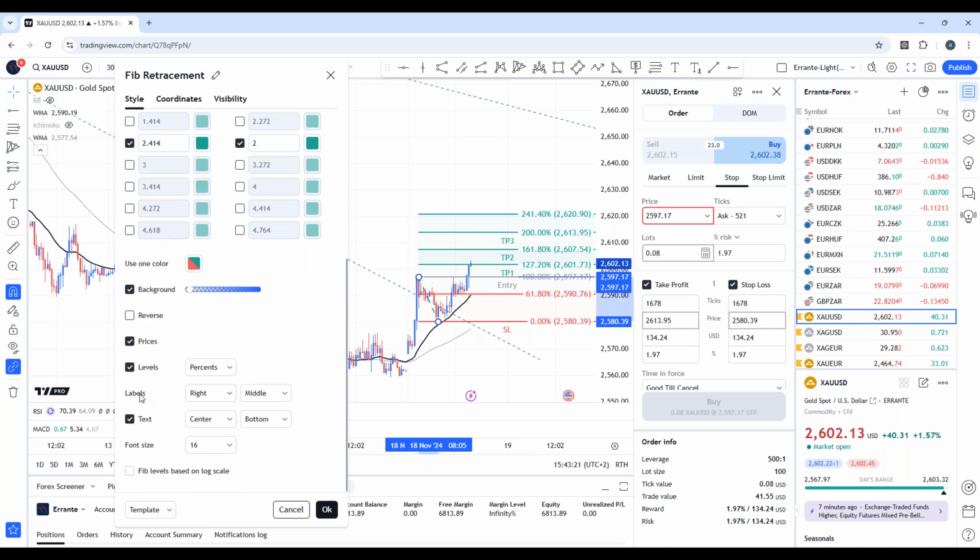It's very nice, it's very easy. The label, you can put at the center, for example, like this, or at the right, like this. And for the text, you can set it at the left, for example, like this, or in the middle. So it would be more visualized, more telling.